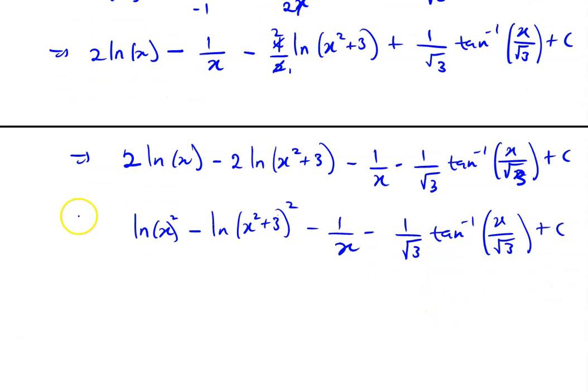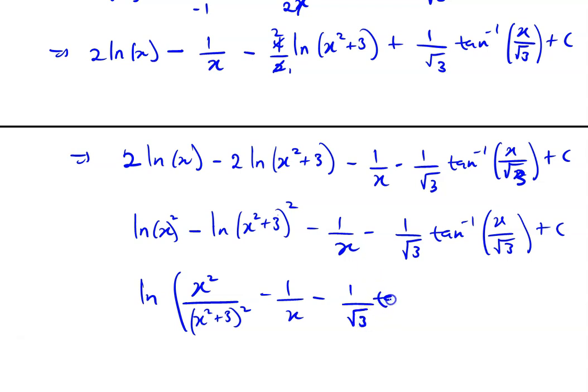So at this moment, I'm going to get ln into brackets x squared all on x squared plus 3 all squared, right, minus 1 on x minus 1 on root 3 tan inverse of x on root 3 plus c. And this is going to give us the final answer.